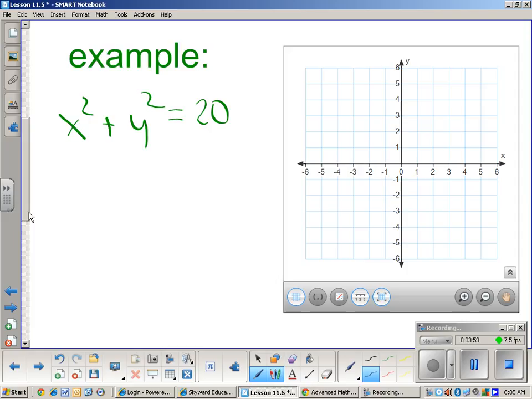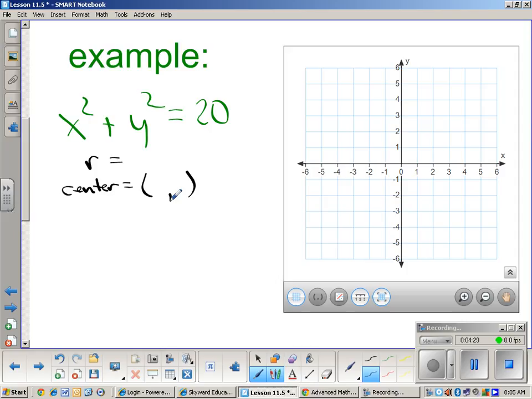Okay, example. Here we have an equation. We want to graph this circle. So the first thing I have to do is identify the radius and the center.